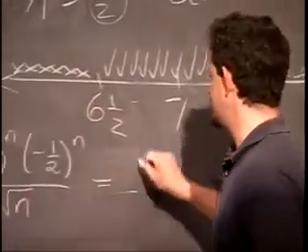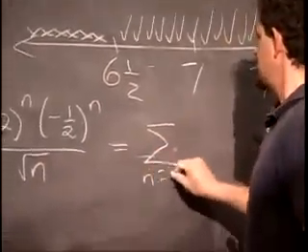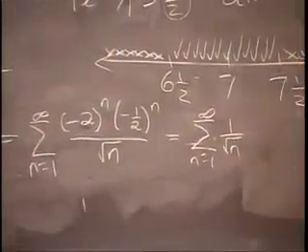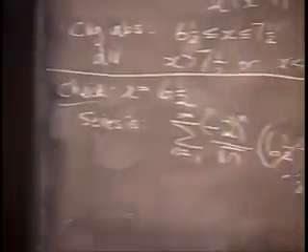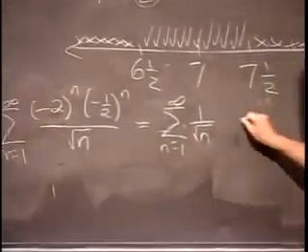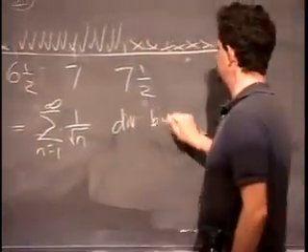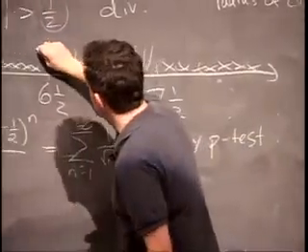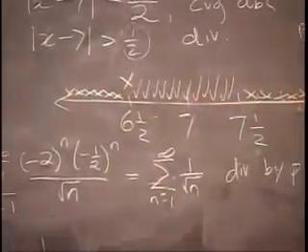So this is just the sum from n equals 1 to infinity of 1 over root n. Does that converge or diverge? That's just a regular old series. Diverges by the p-test. So we have discovered that this endpoint diverges.